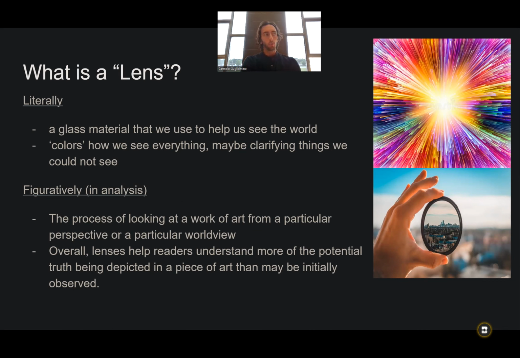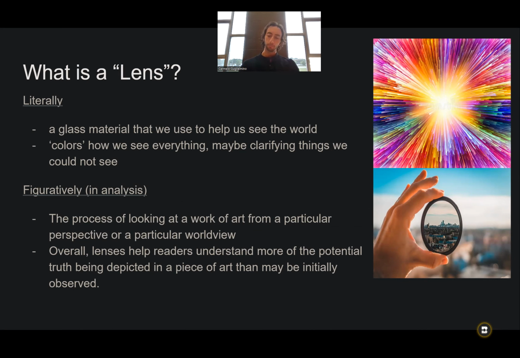In the whole practice of analyzing literature and art and being able to grasp any sort of deeper meaning, deeper relevance that it might have to us, and make other connections with other aspects of life, lenses are very, very useful in that endeavor.